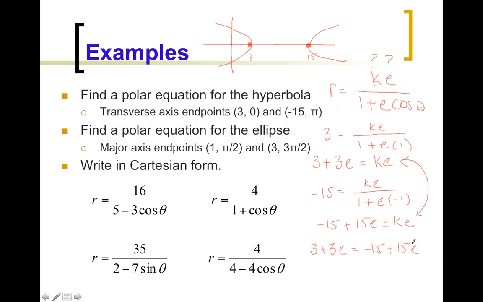Simple substitution right there. If I add 15 to both sides and subtract 3e, I get 18 equals 12e. And you can get e is equal to 3 over 2.